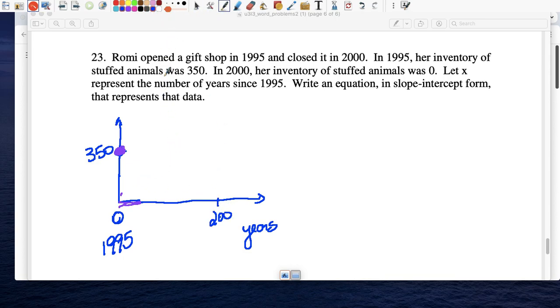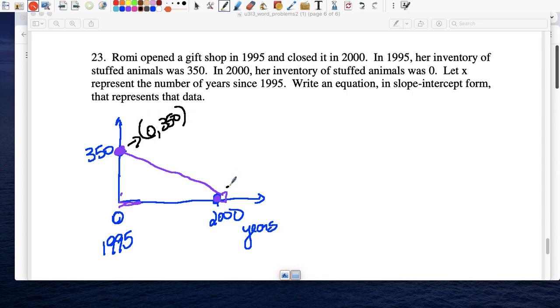So let me get another point, and we can connect. It says that it's 0, so we know when it closed. I need to get 2 points. Well, 1 point is right here. What is this point? 0 and 350.